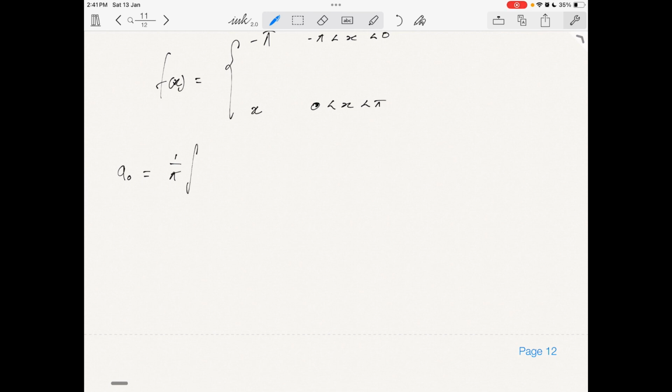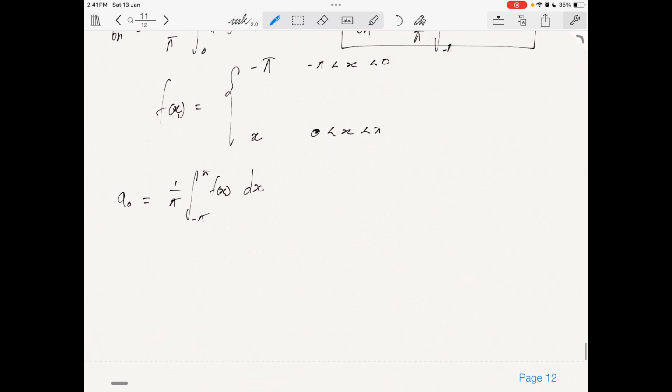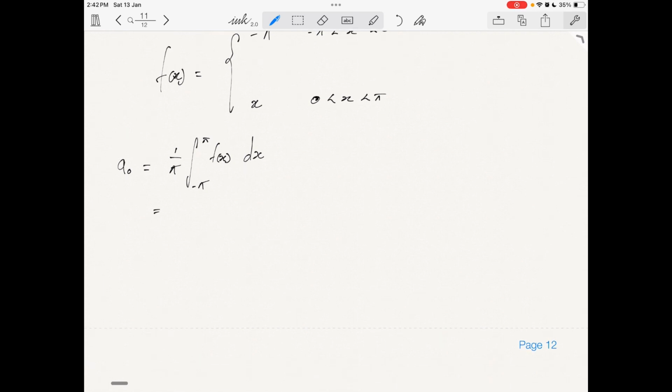From the question we can see that we do not have anything that spans directly from minus pi to pi, but we have from minus pi to 0 and from 0 to pi. So we can split it and say this will give us 1 over pi integral of minus pi to 0 of f of x dx plus 1 over pi integral from 0 to pi of f of x dx.